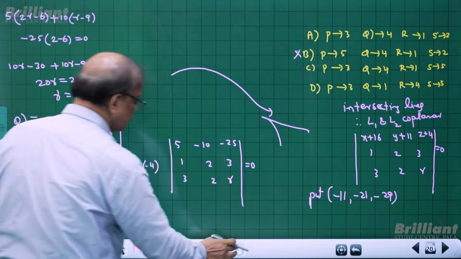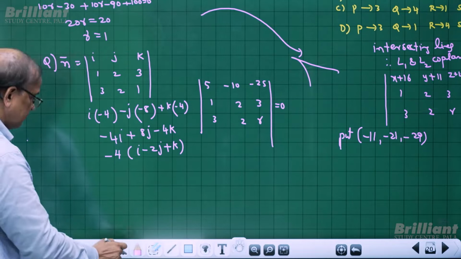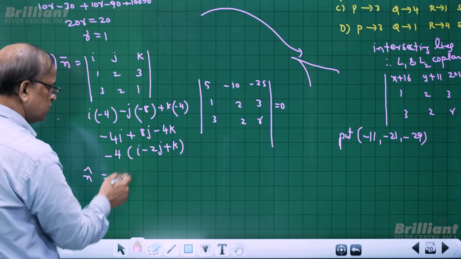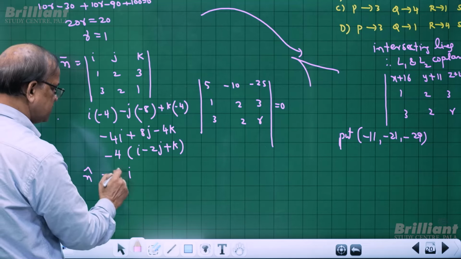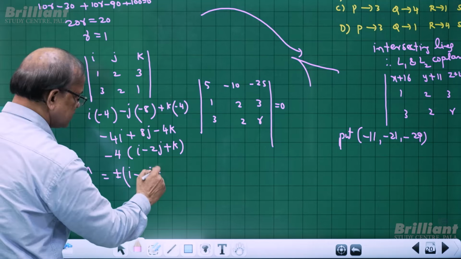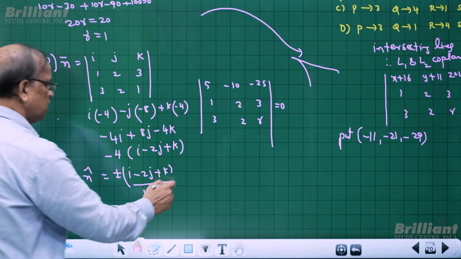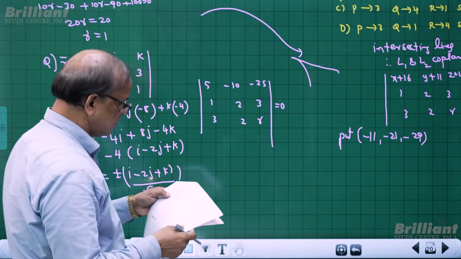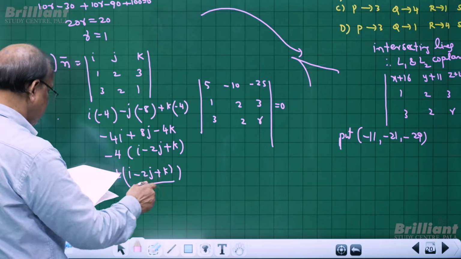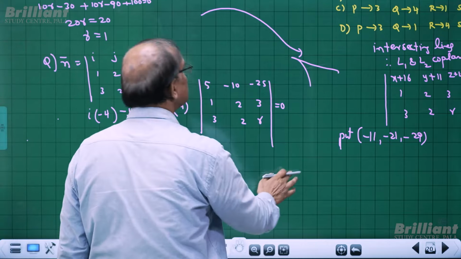Now, n cap is a unit vector, so plus or minus i minus 2j plus k by root 6, because upward or downward. So, this is 1 by root 6, minus 2 by root 6, which is there in option 4. So, Q is 4.